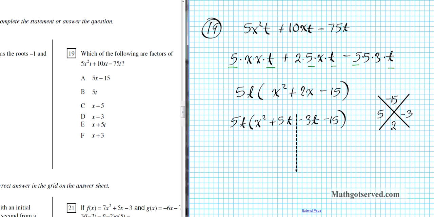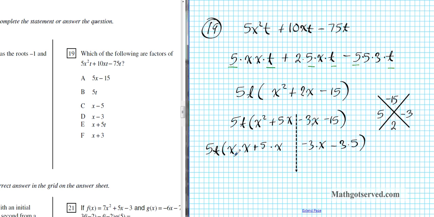So we have 5t times x squared. My x's changed into t's. Let me change them back to x's. So 5x minus 3x. All right, so we have x times x plus 5 times x minus 3 times x minus 3 times 5.